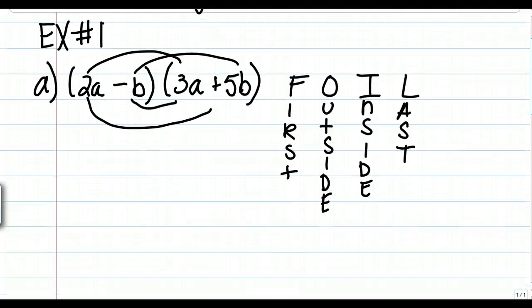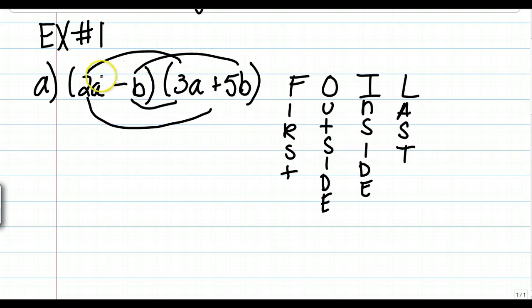FOIL is a method to help multiply two binomials together. The way it works is you have the first terms that you multiply together, which obviously I wrote first, the outside, the inside, and the last two.